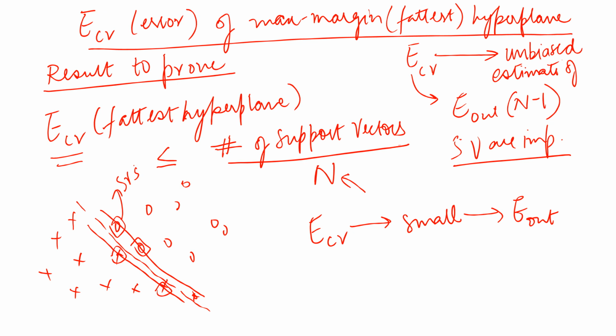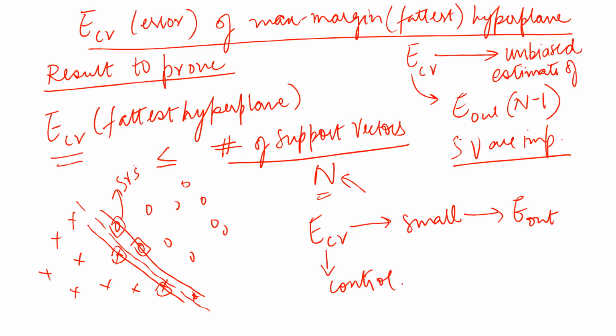Another important observation is that there is no explicit dependence on dimensions here, as you can see. It's just that I'm adding data and checking the support vectors and getting the hyperplane, that's it. So this in turn tells me that it might happen that in higher dimensions, the number of support vectors can go up, but as long as they are increasing less than my n, if they're not increasing as much as my n is increasing, then in that situation, I can keep my cross-validation error in control, right?